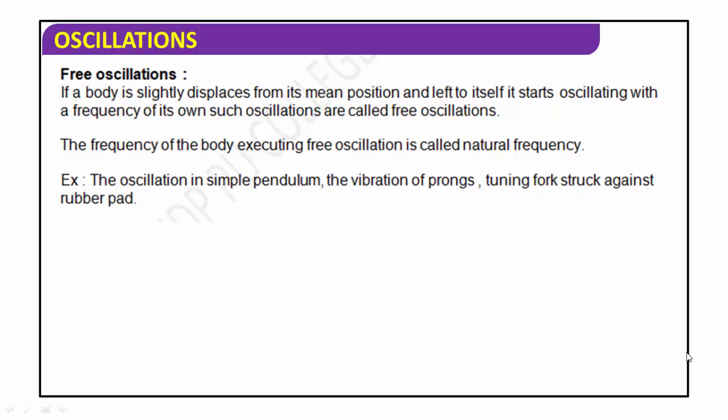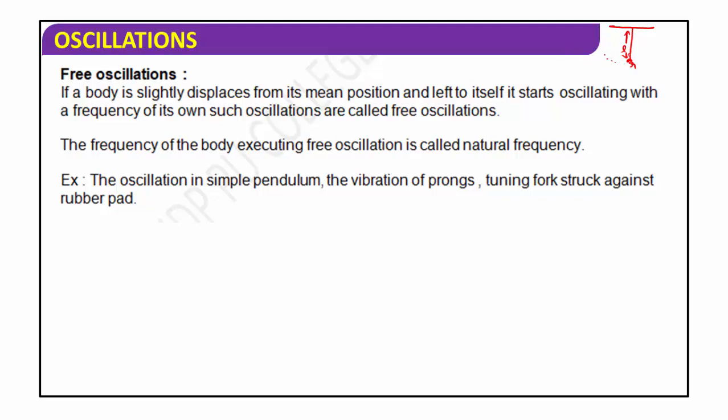It is called oscillatory motion. But free oscillation, the word itself says, free oscillation means when a body is slightly displaced from its mean position. Now I consider this simple pendulum. Here L is the length of the thread and R is the radius of the bob.